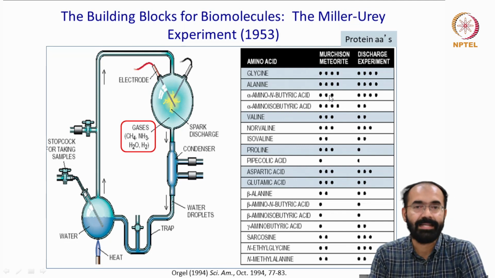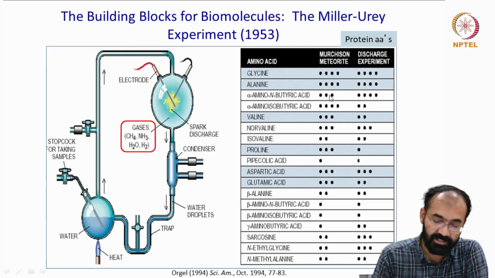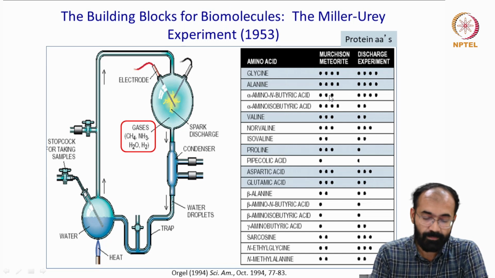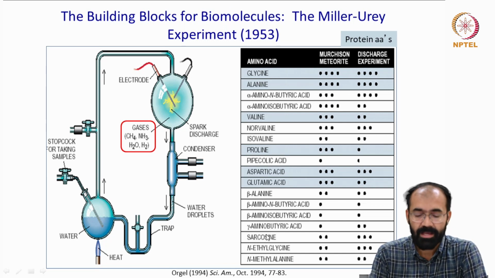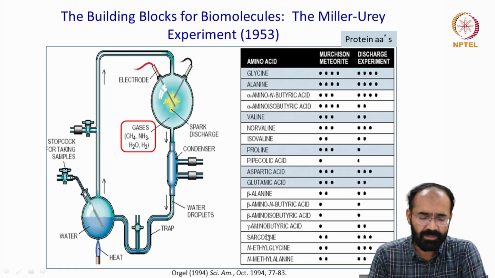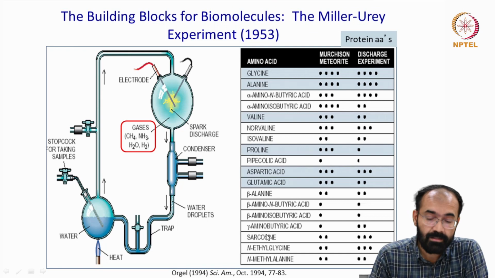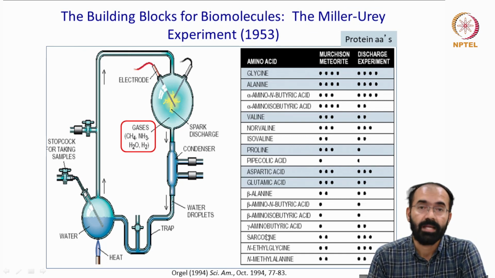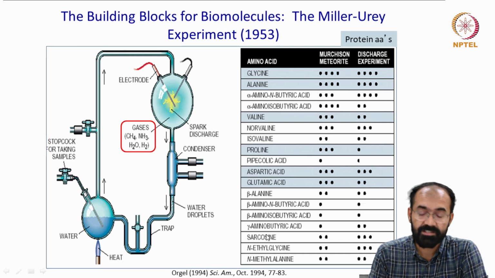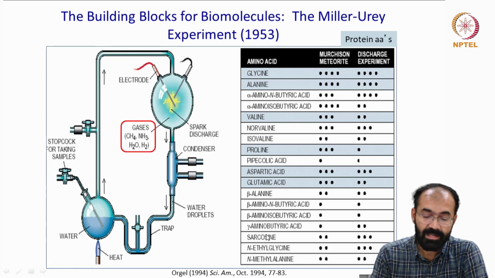So this is the density or intensity representation of individual components, and I will not go into the details of each and every component. Whenever you compare the components present in the Urey-Miller experiment with those of the Murchison meteorite, you find there is a reasonable similarity between them.